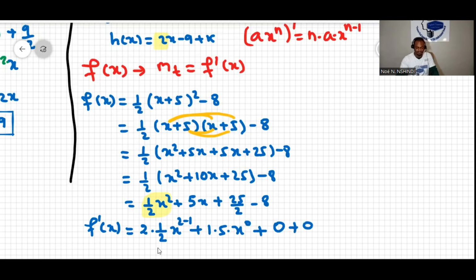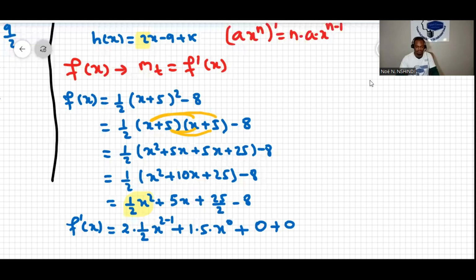Now, it is important to note that when you don't see any exponent on the x in 5x, understand it's 1. The reason why I wrote 1 times 5 x to the power of 1 minus 1, which is 0.